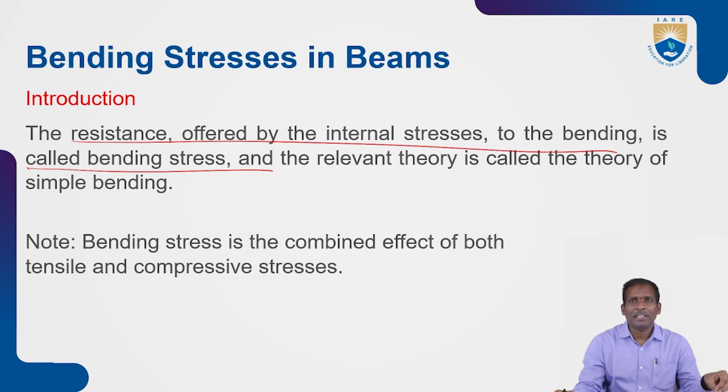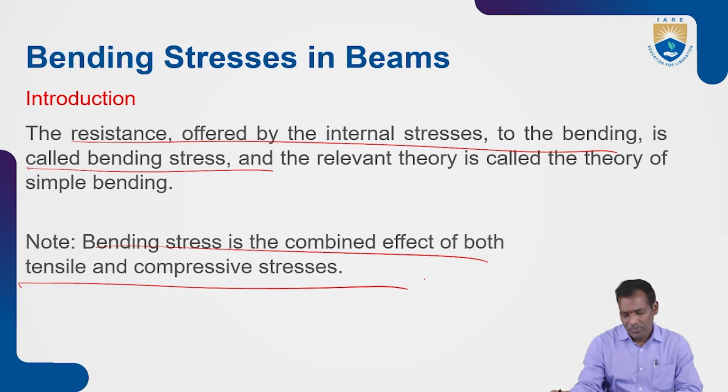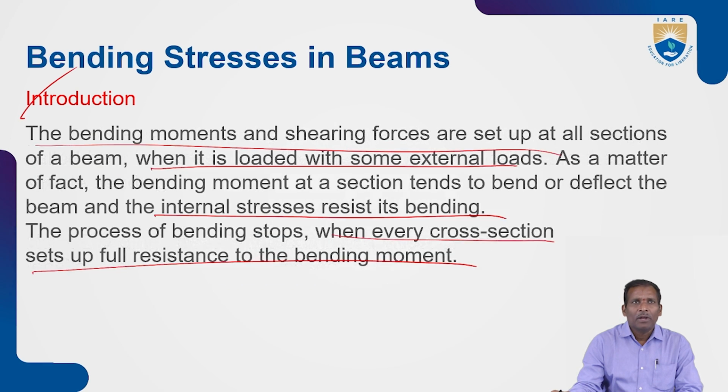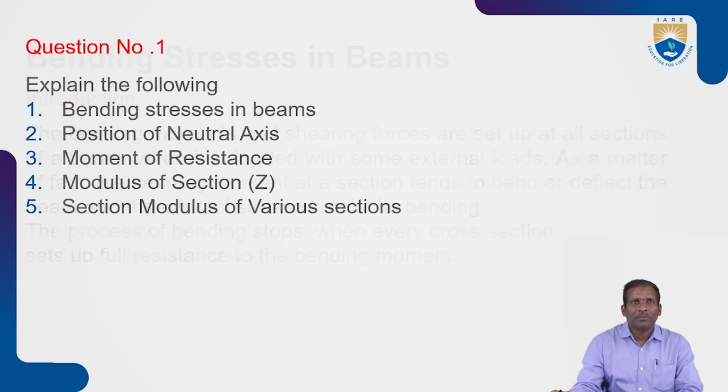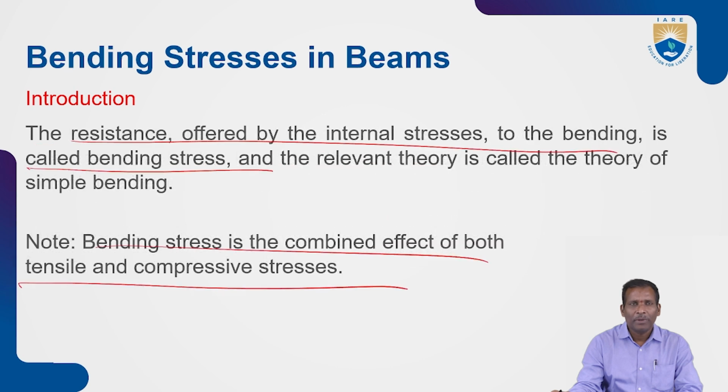And the relevant theory is called the theory of simple bending. Bending stress is the combined effect of both tensile and compressive stresses. So what has he asked in this? Explain bending stresses in beams. Clear? Bending stress means the resistance offered by the internal stresses to the bending.